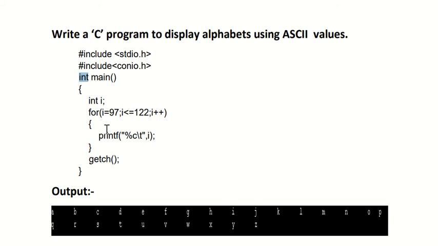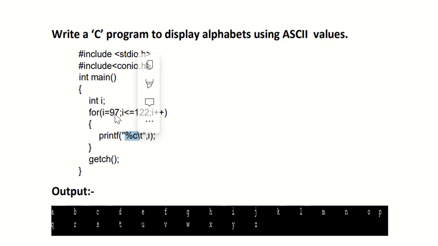Now the main part is printf with %c. The variable we have used here is i, but at the time of declaration it was an integer data type. When it comes to the integer data type, we know that we should use %d, not %c. But why are we using %c in this program? Because we do not want to print the number 97 or 98 or 99.